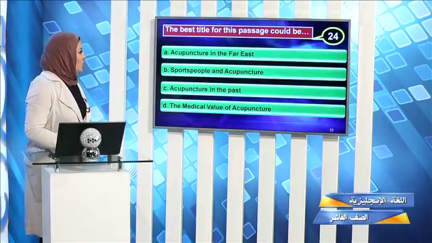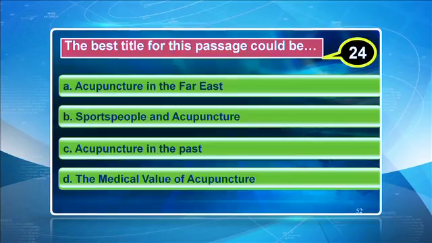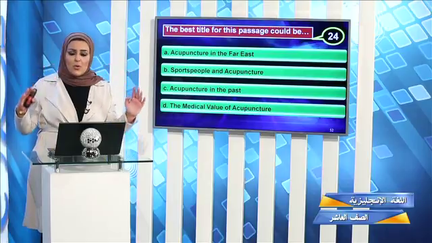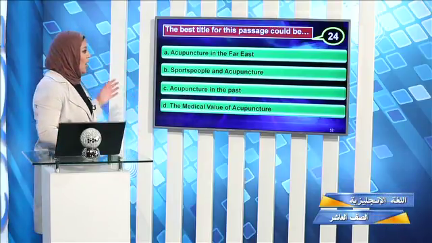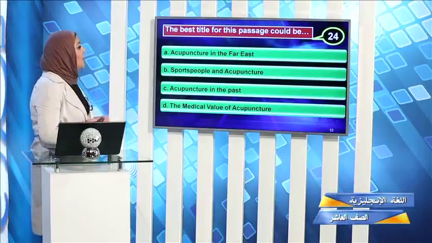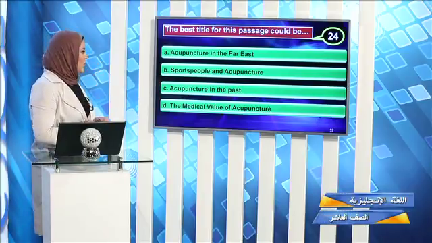The first question for the reading passage: the best title for this passage could be. For the whole passage, you cannot just read the last paragraph and write the idea related to that paragraph. No, you will have to write the idea that is related to the whole passage in general. So the best title for this passage could be, what do you think?